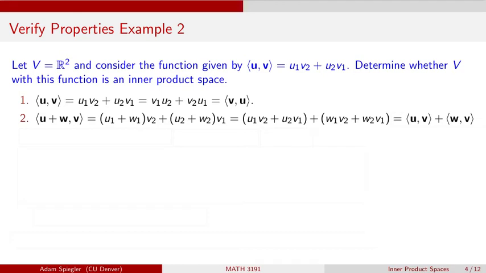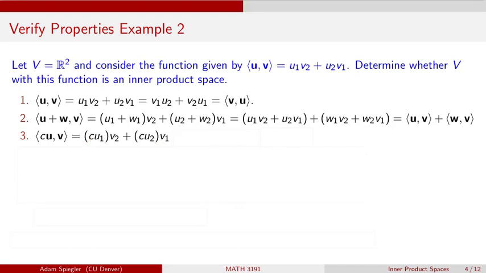The third property deals with multiplication by a scalar through this function. So if I first multiply scalar c times vector u and take the inner product with v, I would get c times u1 times v2, and then the second entry in vector u would be the scalar c times u2, all times the first entry in vector v, which is v1.